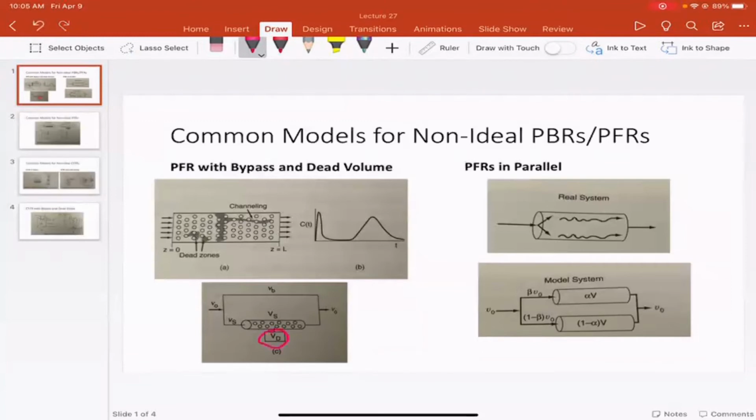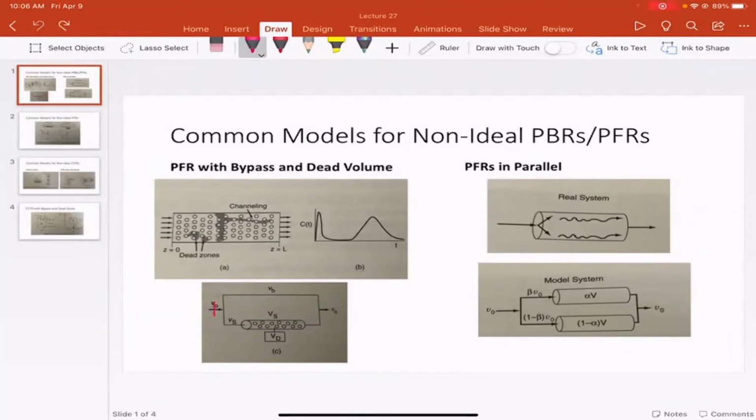And V sub D here would be the dead volume, right? These areas. And then we also could take into consideration that you fed part of your initial volume, some of it goes through the packed bed and some of it does not. And so you end up looking at what's happening inside a reactor with a reduced volume, and then you end up analyzing what happens here.